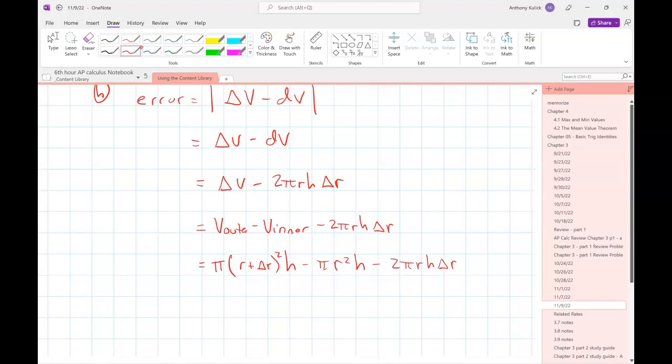Everybody's okay? I'm going to FOIL here, and at the same time, I'm going to distribute the pi and h through. Let's put some parentheses around that delta r.